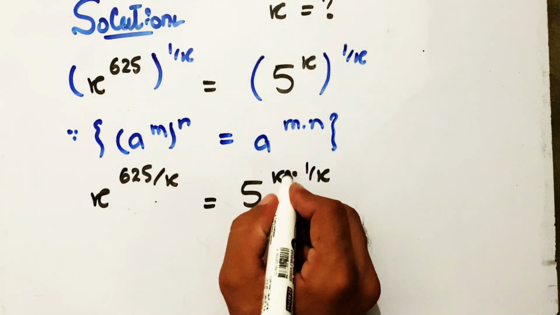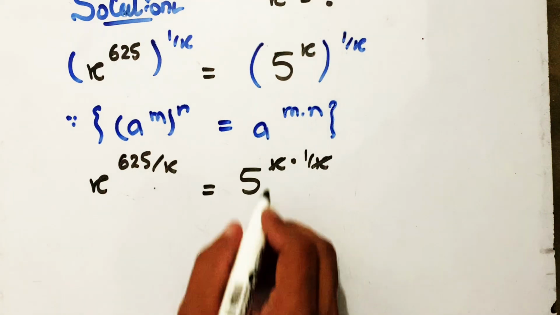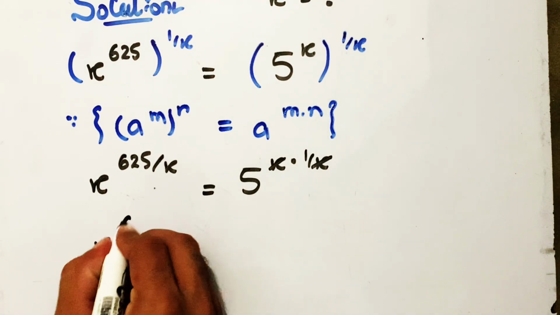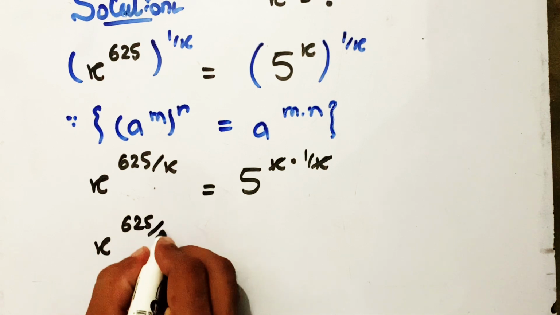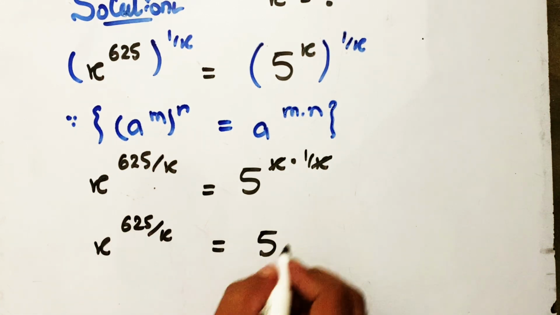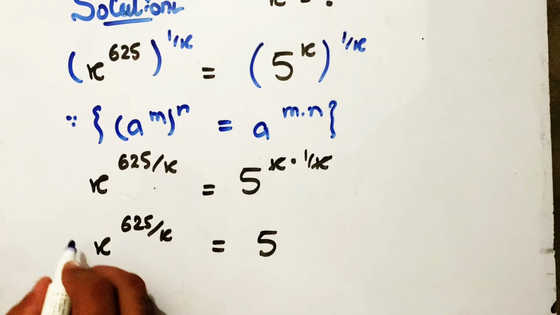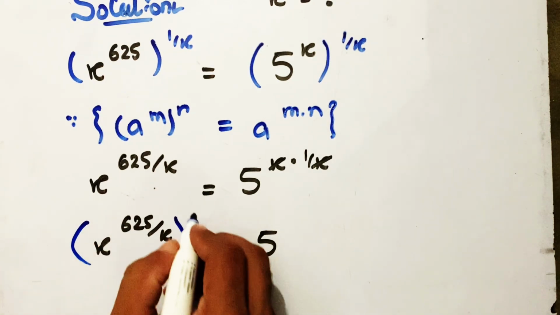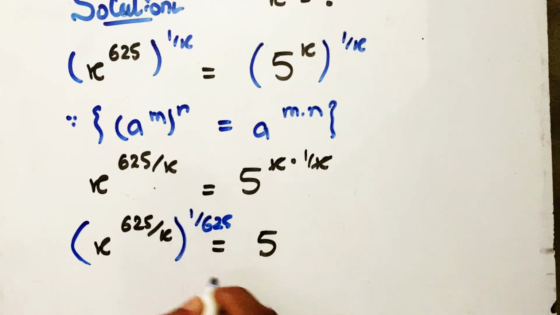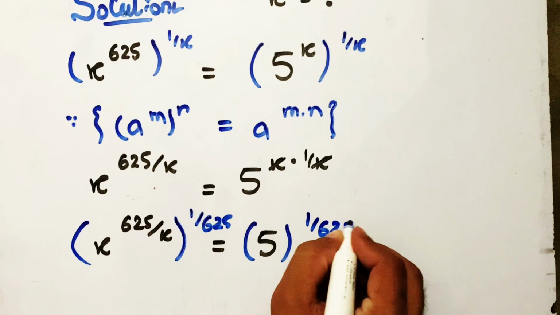This means this x and this x cancel, so we got x to the power of 625 divided by x equals 5. If I'm trying to solve further, I take again the power of 1 by 625.